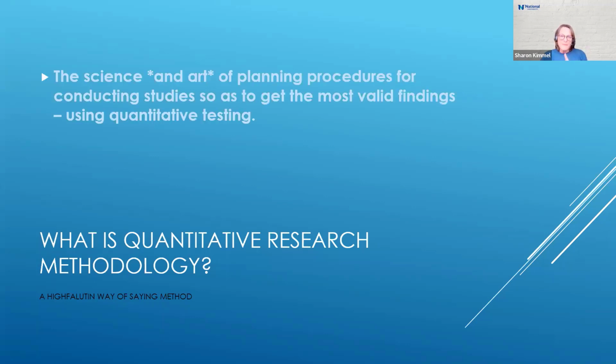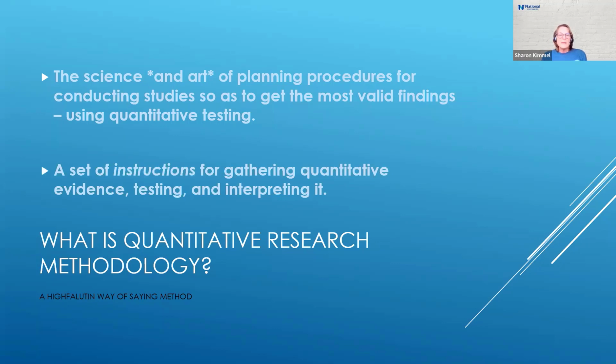But a method is a science, and actually quantitative research methodology, or designing a research plan, is also an art. So it's a science and an art of planning procedures for conducting studies so as to get the most valid findings, and of course, using quantitative testing.